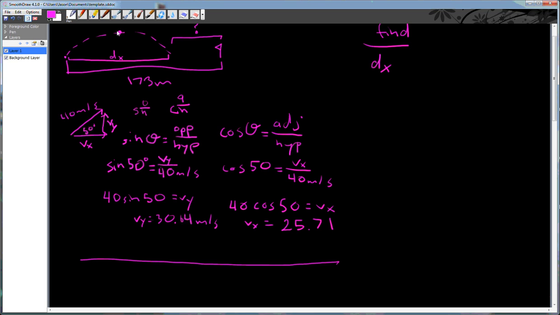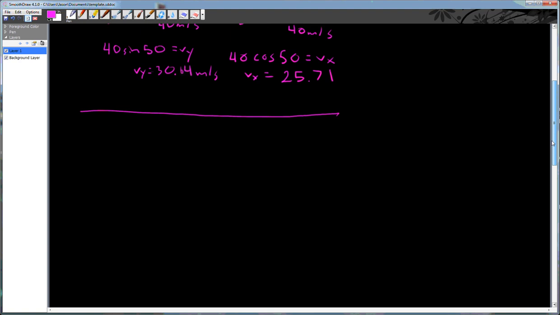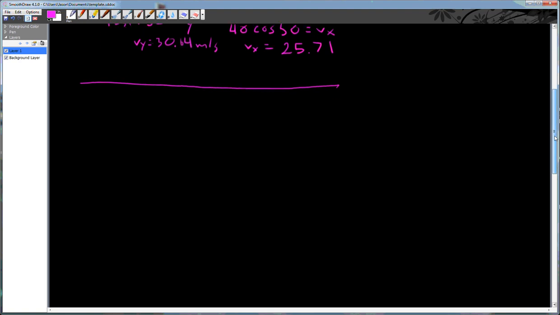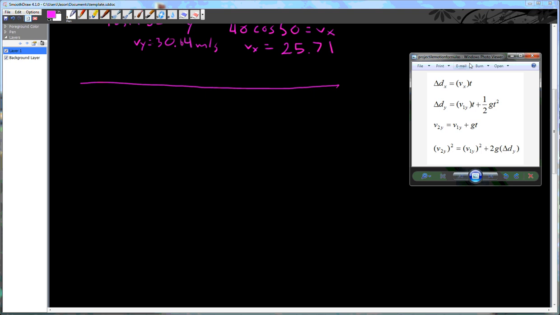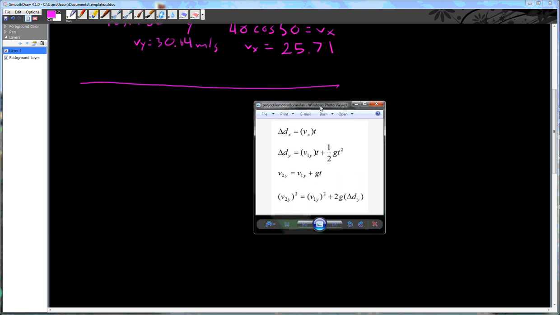So we're only looking at the first half of this trajectory. This is our VYF and this is our VYI. Our VYI is 30.64, and our VYF is 0.